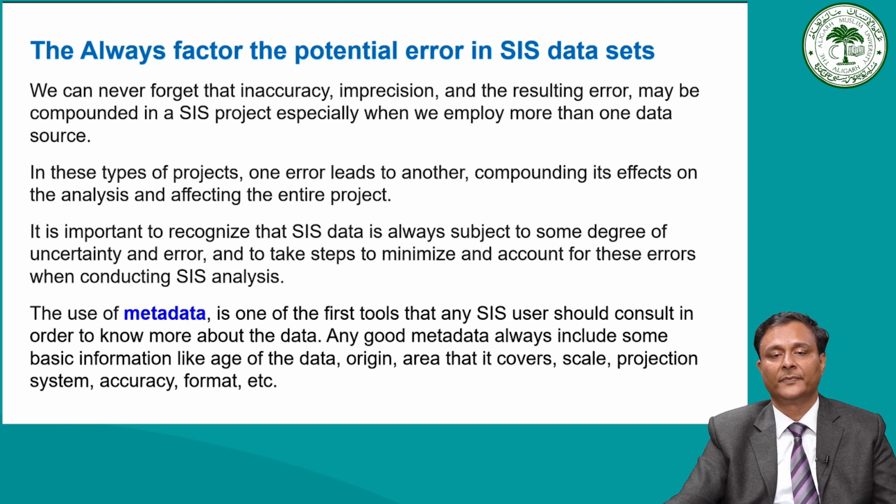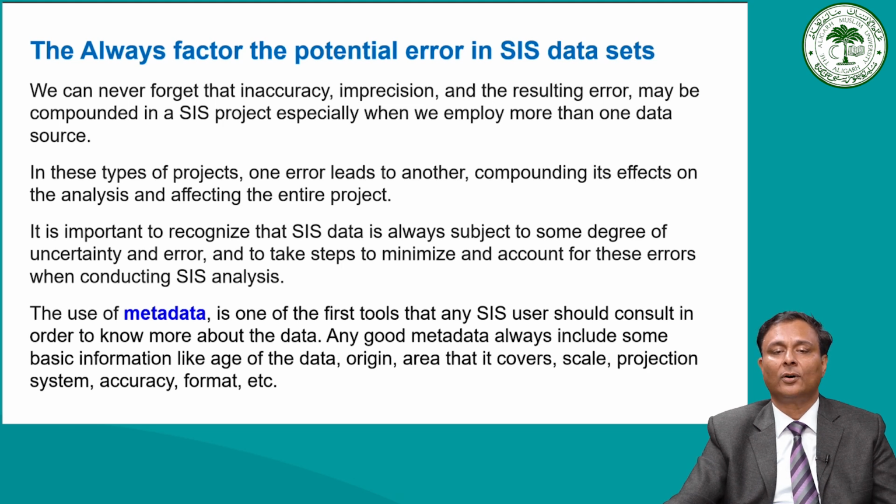The use of metadata is one of the first tools that any spatial information science user should consult in order to know more about the data that he or she is using, and to avoid adding more error to data that in any case will never be perfect.